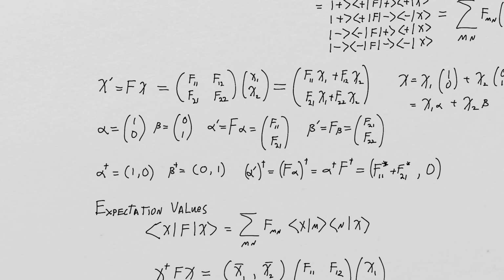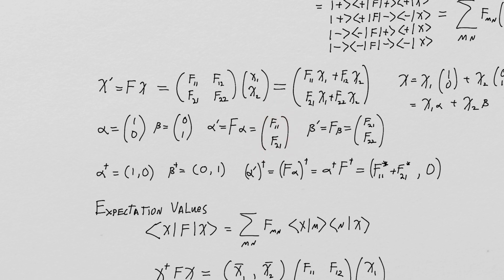It is true that this is useful when I want to talk about operations on just the basis spinors, and I want to keep from having to write down column vectors for some reason. So I do know that the operation of F on the up basis spinor alpha will give me some alpha prime, and based on this arithmetic up here, I realize that F on alpha is F11, F21.